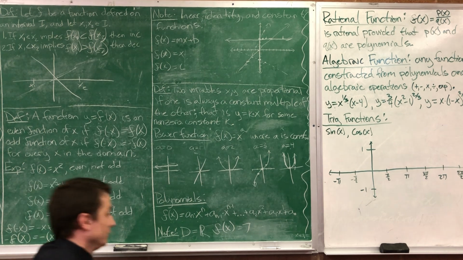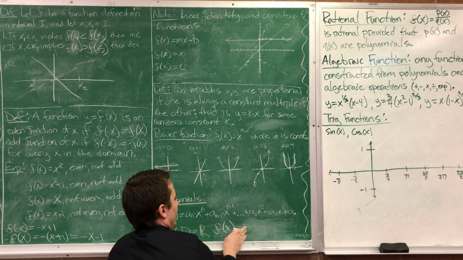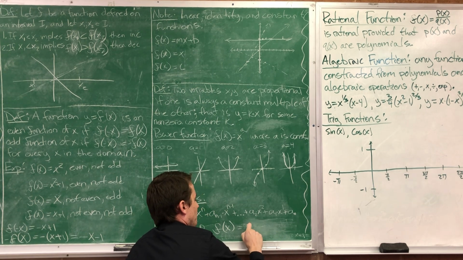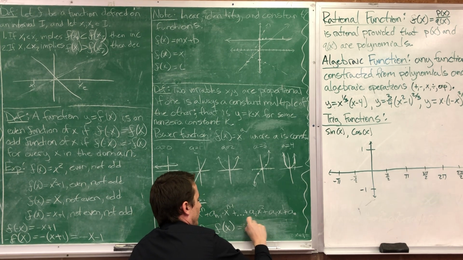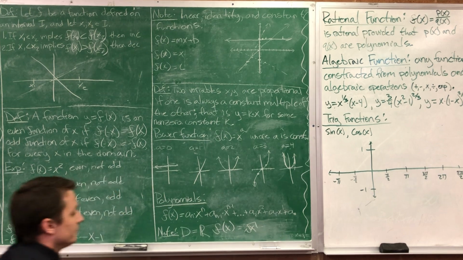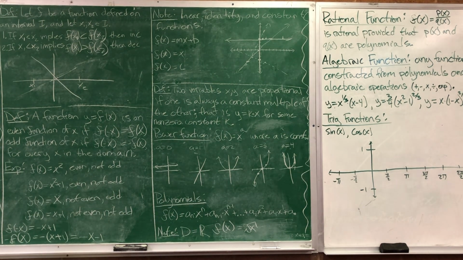Wonderful. F of x is equal to the square root of x. Yes. Well, no. Your exponents have to be whole numbers, don't they? What do you think, Jeremy?